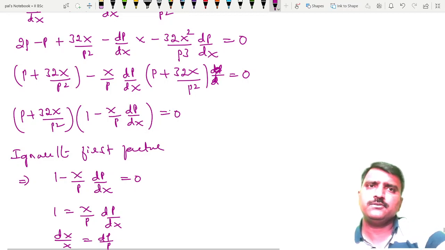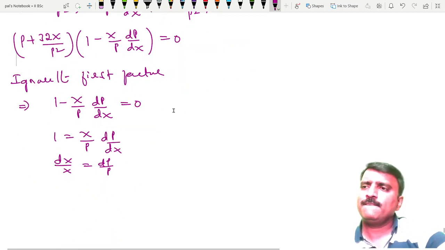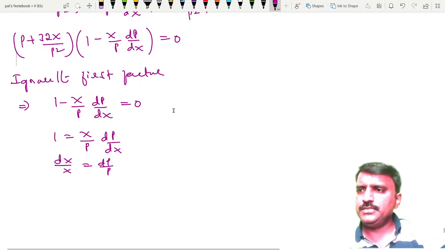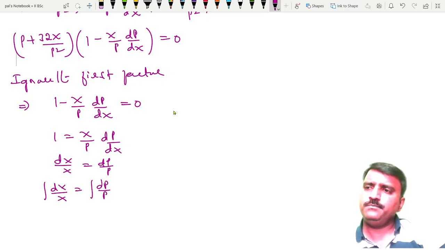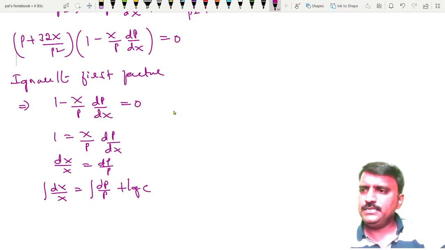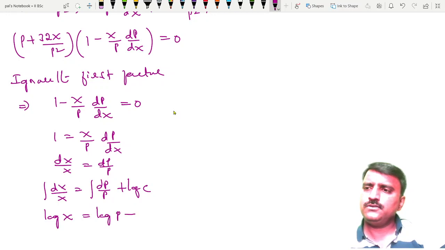If we integrate this, integration of dx by x is equal to integration of dp by p plus a constant of integration. I am taking it as log c. Integration of 1 by x with respect to x is log x, which is equal to log p plus log c.